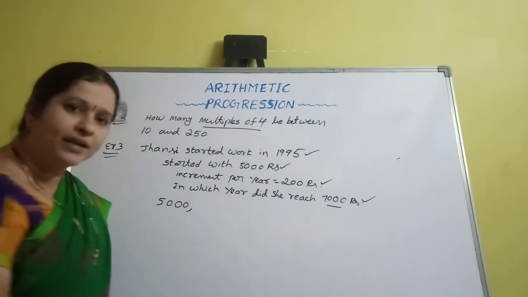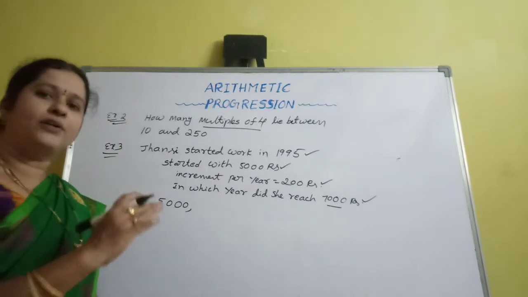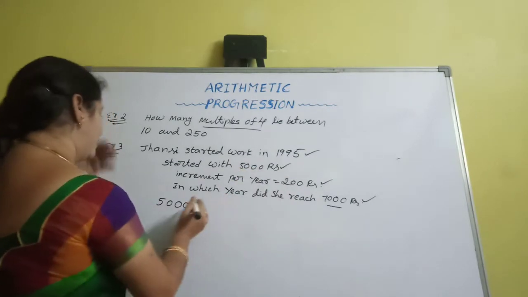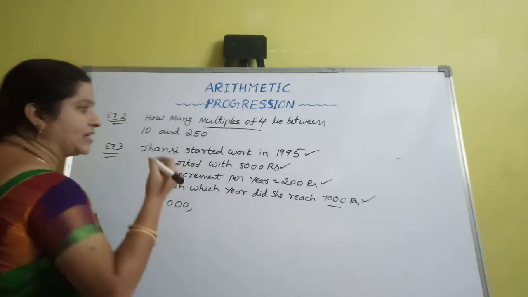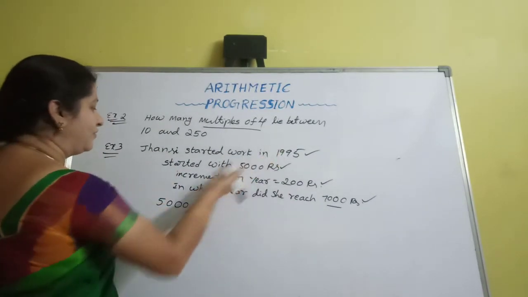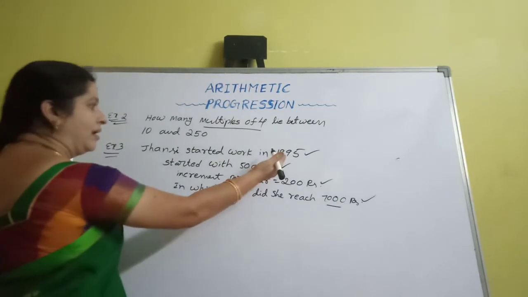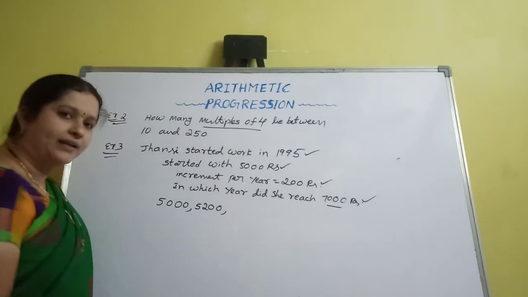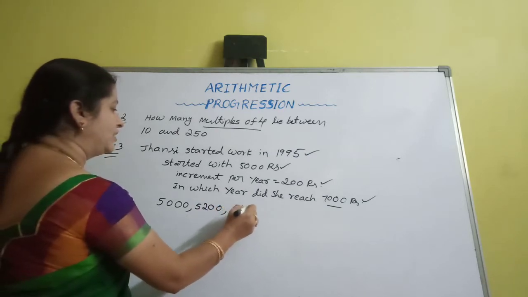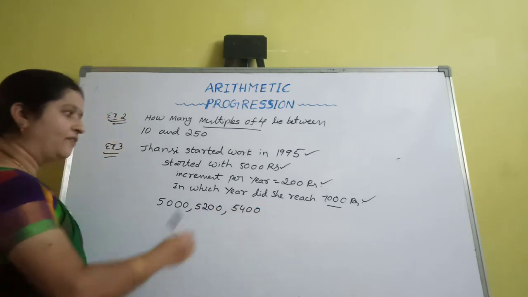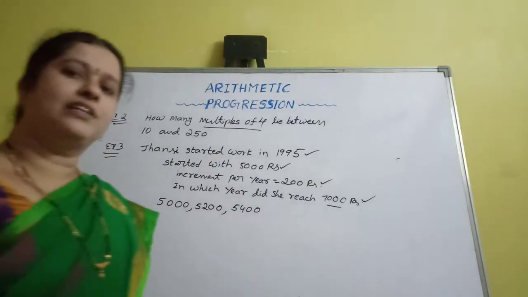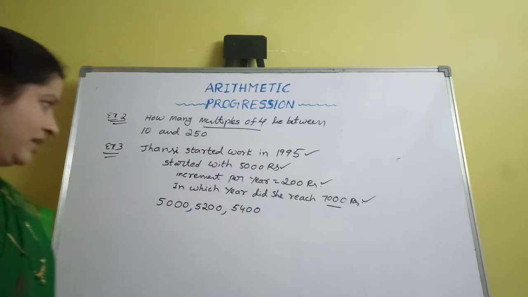Increment per year. Increment means adding 200 rupees every year. So in 1995, 5,000 rupees salary. 96, 5,200. 97, 5,400.